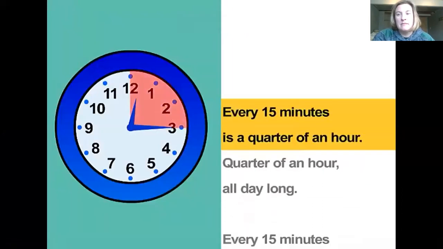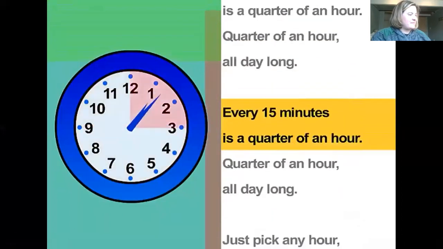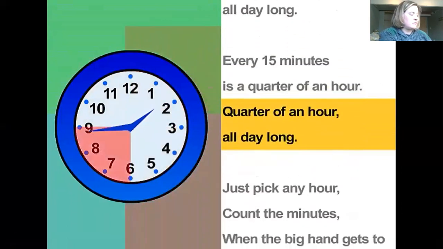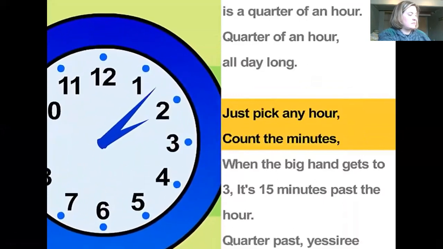Every 15 minutes is a quarter of an hour, quarter of an hour all day long. Just pick any hour, count the minutes.